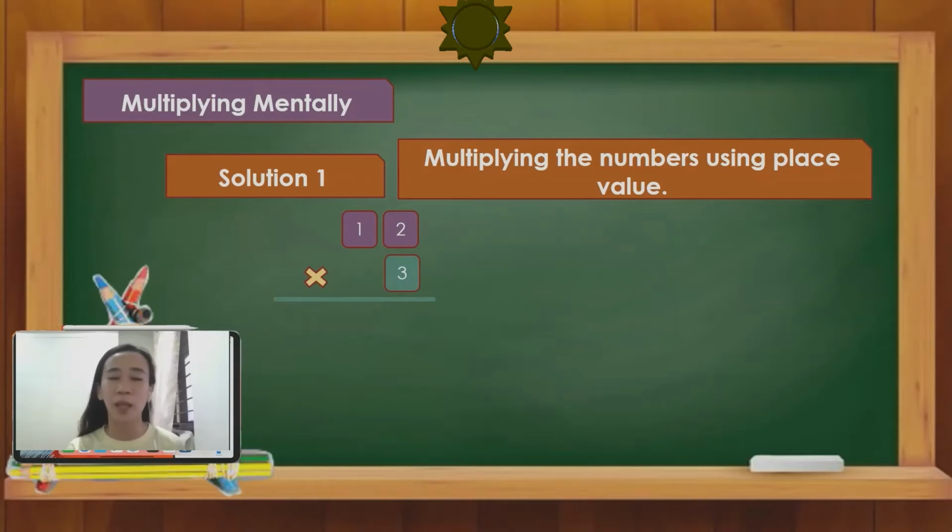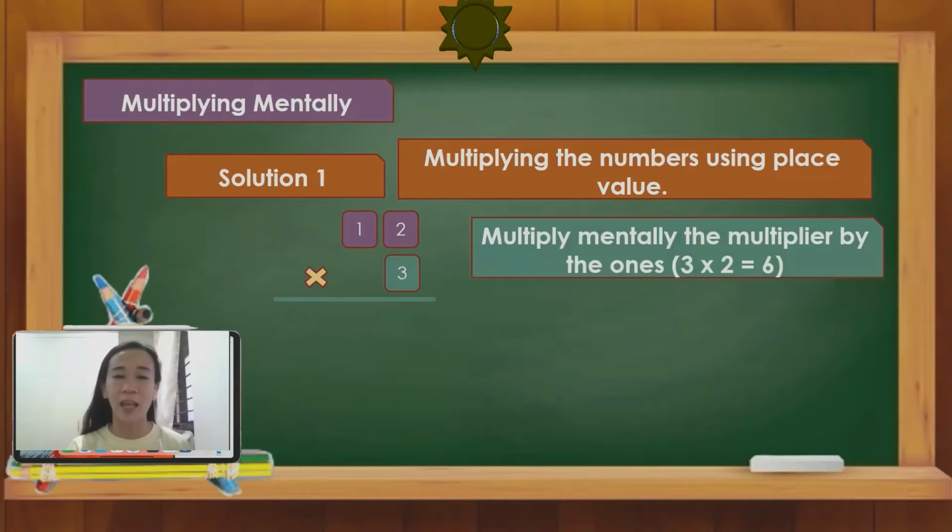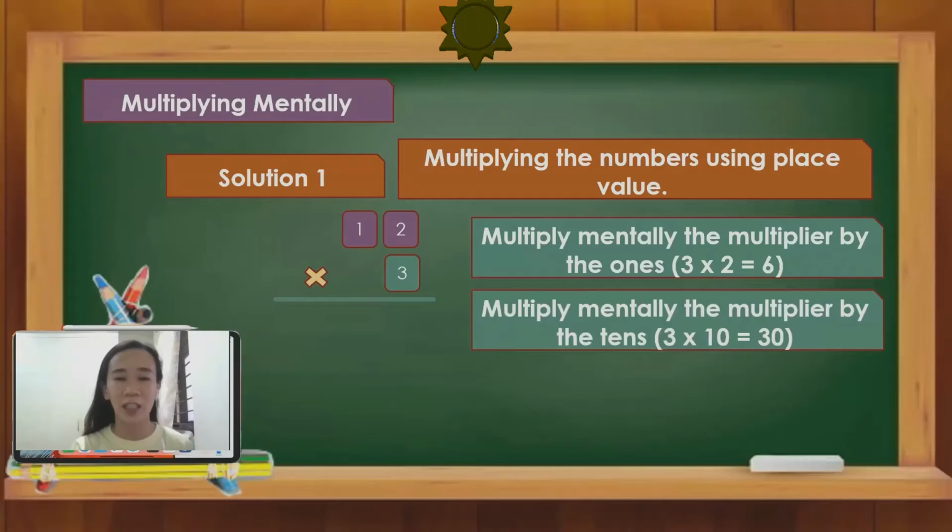First, we multiply the ones. That is 2 times 3 or 3 times 2 is 6. Next, we multiply mentally the multiplier by tens. That is, this will be 10 times 3. 10 times 3 is 30.